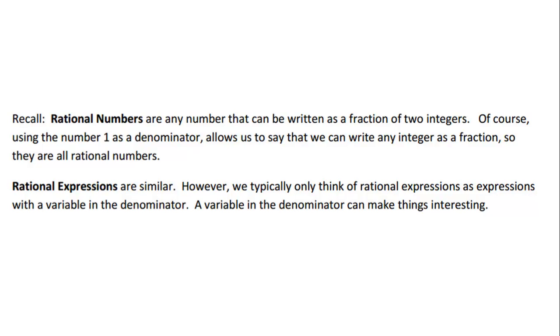Rational expressions are similar, but we typically think of rational expressions as having a variable in the denominator. If you ever have a variable in the denominator, you have a rational expression, and things can get a little bit interesting. We get the shape of things.